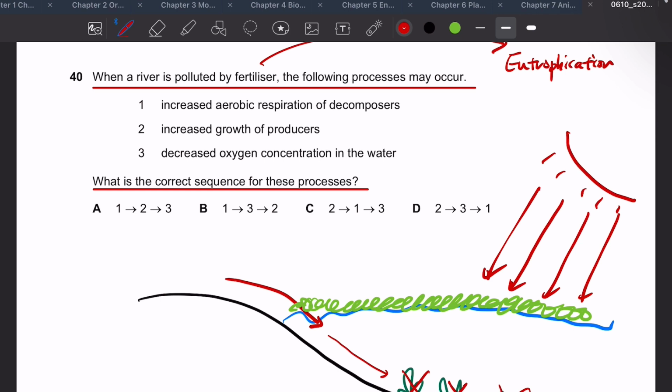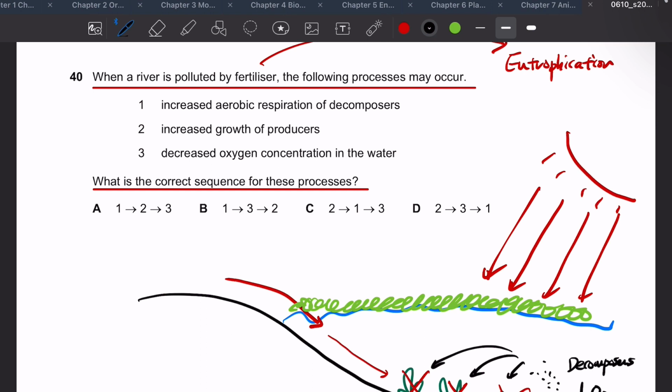If plants die, then the decomposers will decompose these aquatic plants. Decomposers are also organisms that will use up the oxygen within the water. Usually aquatic plants will supply the oxygen into the water, but since they're dead, there's nothing that can provide oxygen to the water.